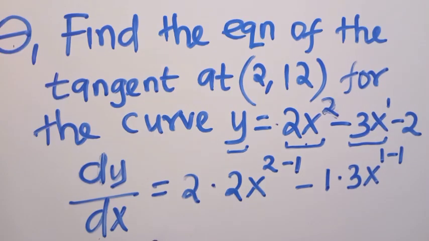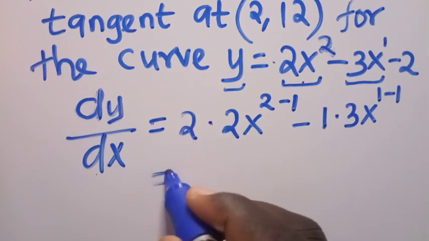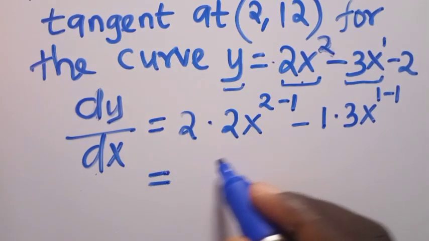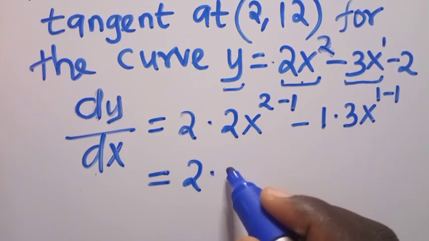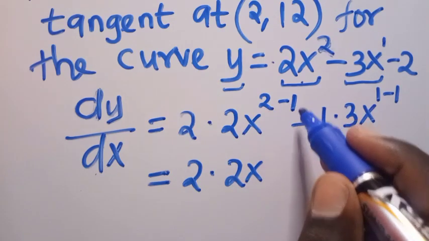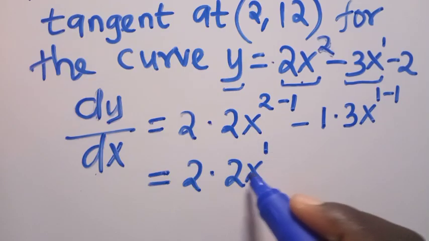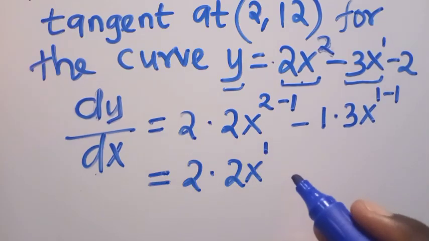Now, we shall have 2 times 2x raised to 2 minus 1, which is 1. Therefore, 2x raised to 1 is just the same as 2x.